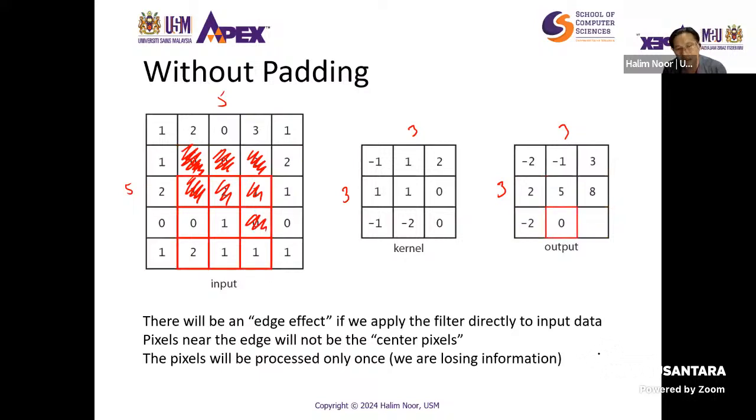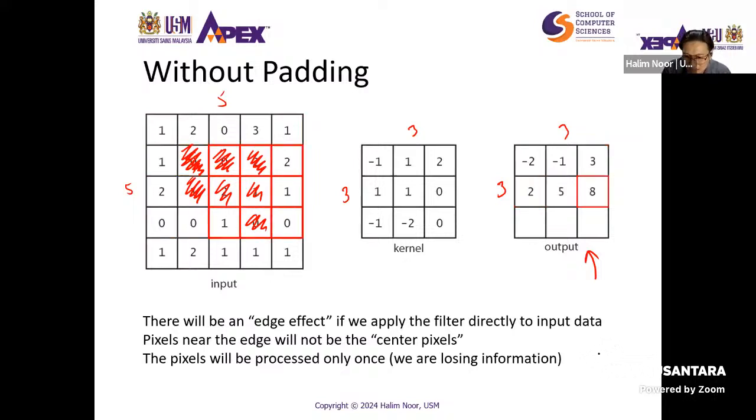So we have only 9 convolution operations. That's why the feature map dimension is 3 by 3 using a 3 by 3 filter. Normally, if you apply the convolution operation, the output dimension is smaller than the input dimension, right?